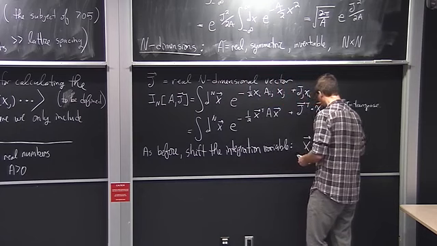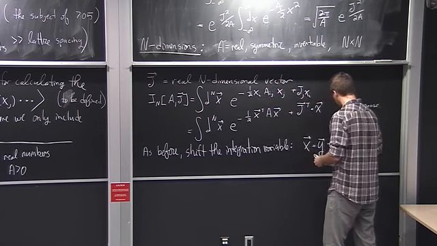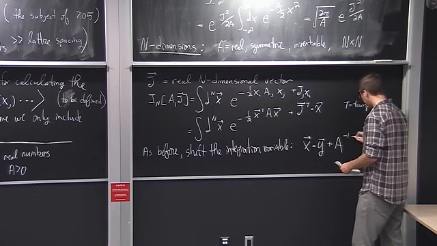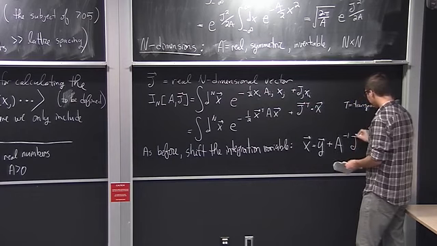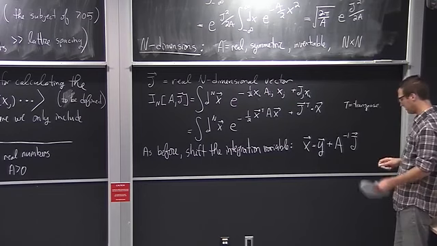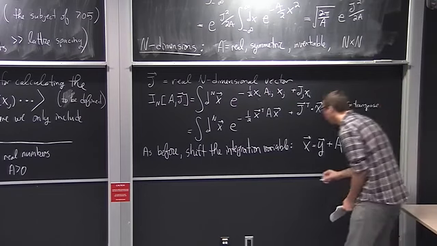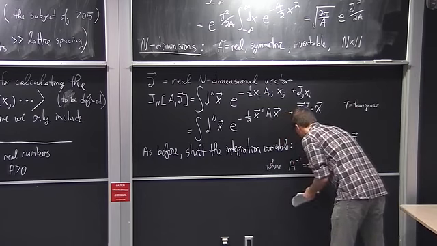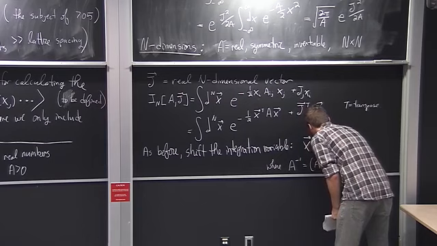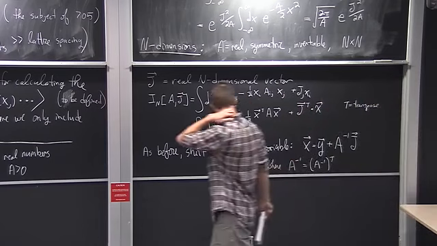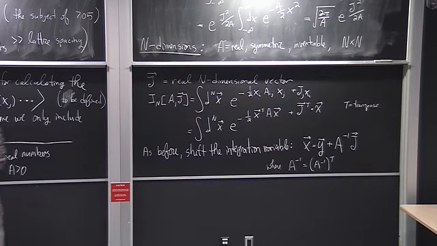In this case, it's a vector, which I will shift by A inverse J, where this is just the transpose. Everything's symmetric.